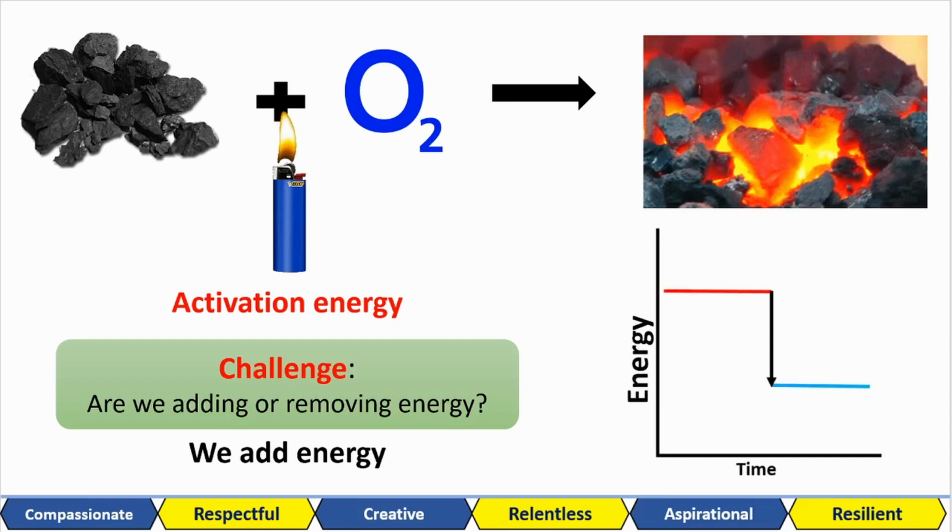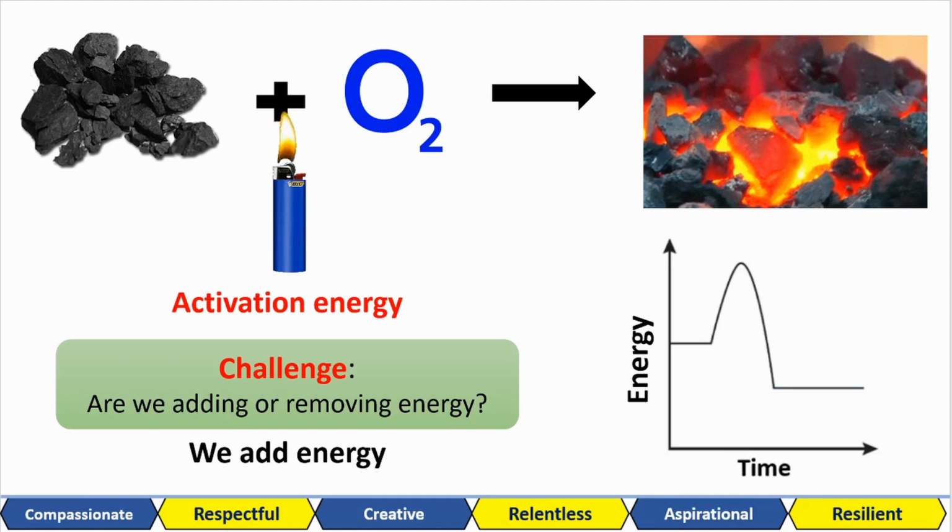This means that we have to add more things to our reaction profile. We need to show that initial input of energy where our reactants are. And so that should look like this. Notice that this is still an exothermic reaction.